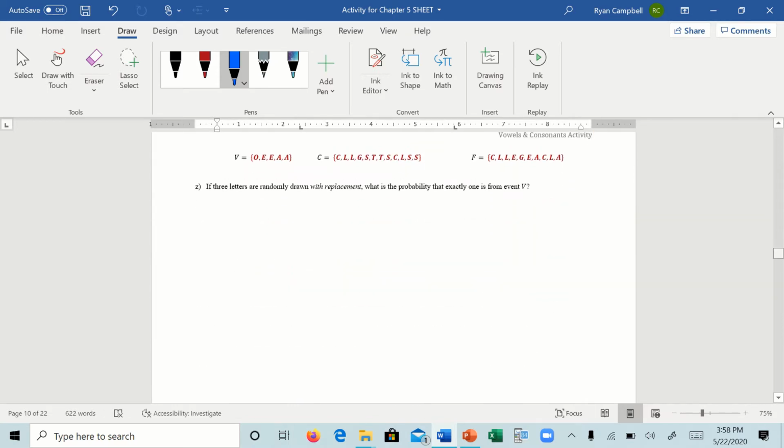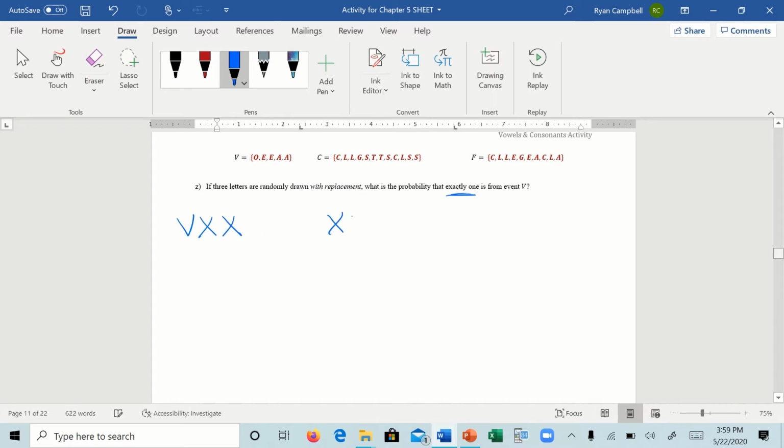All right, part Z. I'm really moving along here. So if 3 letters are drawn, what's the probability that exactly one of them is from V? So remember, when we have exactly some number of outcomes, we need to list out all the outcomes. So there's 3 letters. What could happen? Well, the first one could be from V, and the second one and third one aren't.